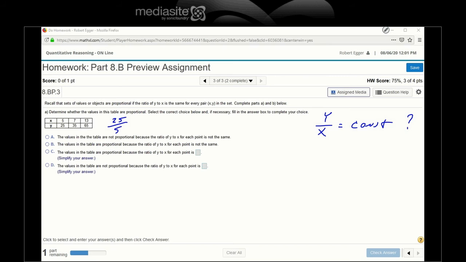For this one, y over x equals 5. And y over x equals 5. And then y over x equals 5. So yes, this one's proportional. So it would appear y equals 5x.